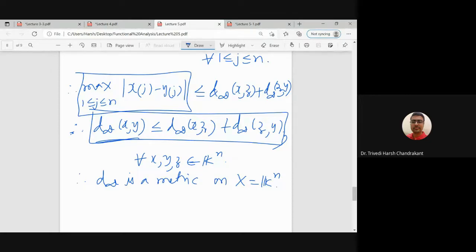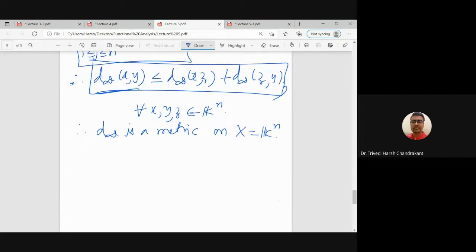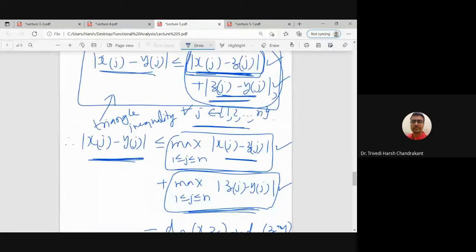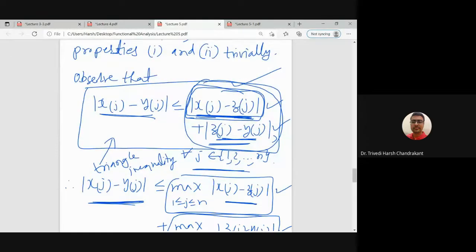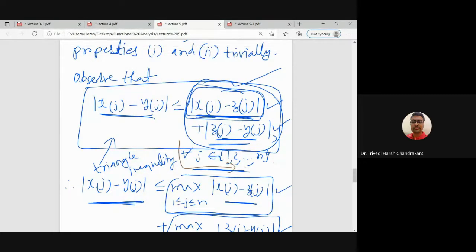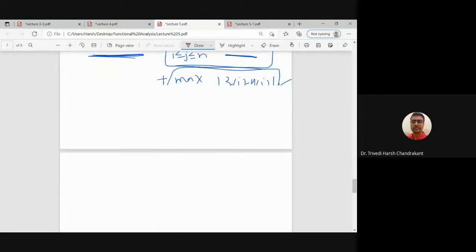So similarly, we can easily check d1 is also a metric, right? So to check d1 is a metric, let us call this equation 1 because we are going to use this equation frequently.